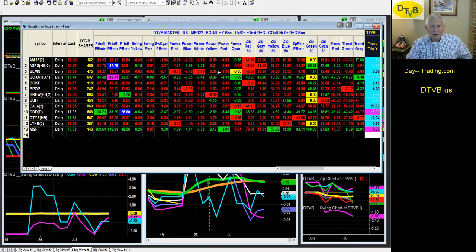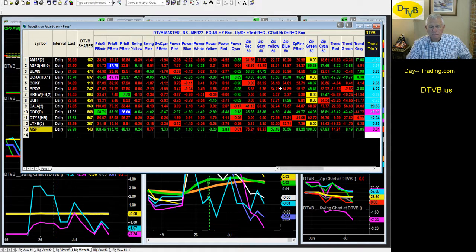The text identifies going down or going up, the line itself, and the box identifies a crossover. The red or green box identifies a crossover. And when you have a yellow box, it identifies the equal sign.